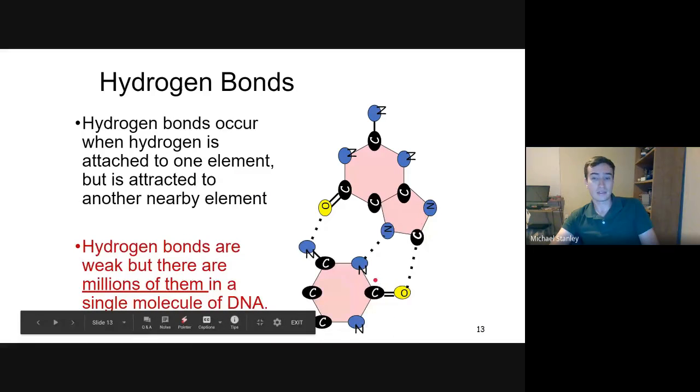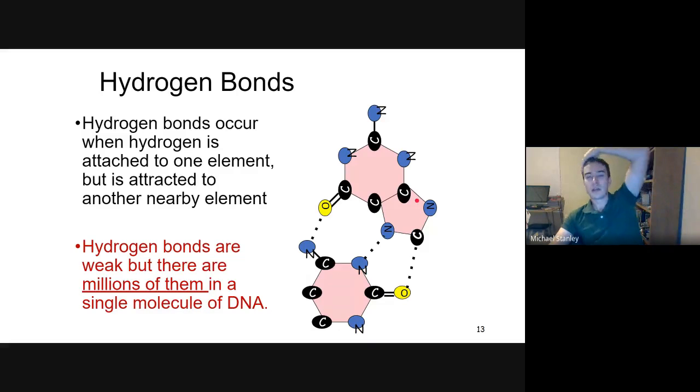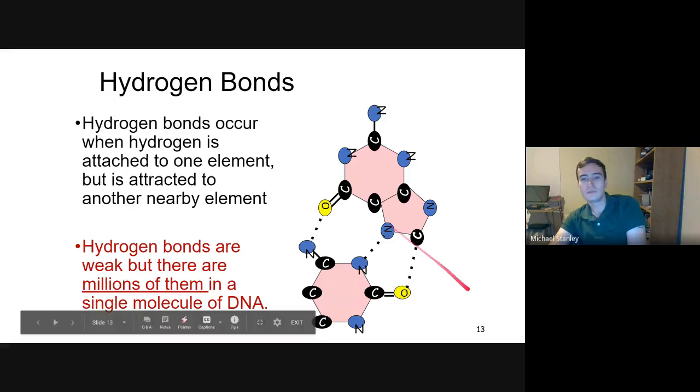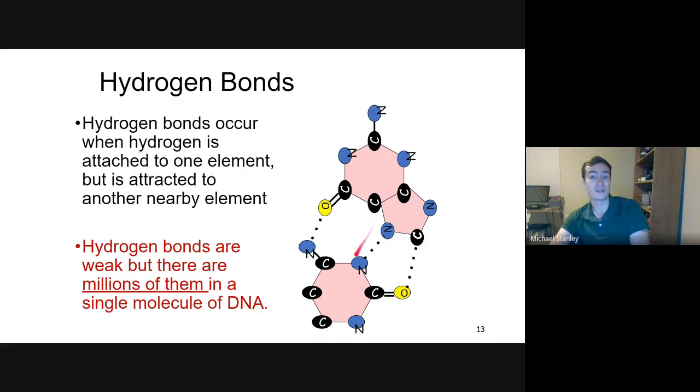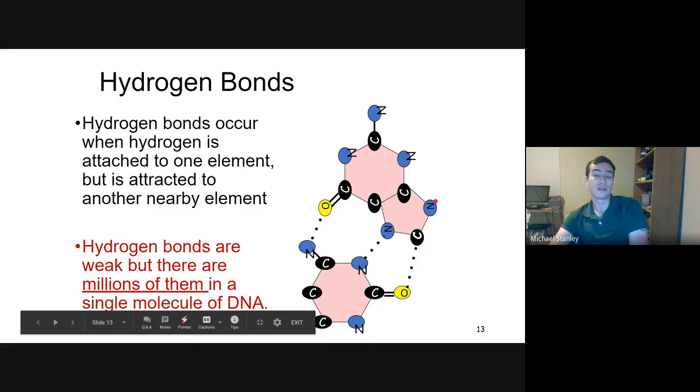So like in this case, we have, I think this is a G and a C. So these nitrogen groups and oxygen groups over here and over here have hydrogens on them that are kind of attracted to the other element.